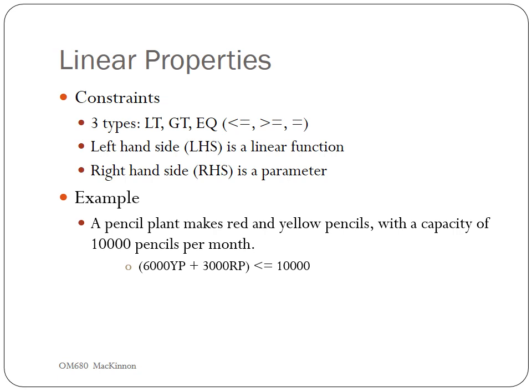So this is a feasible solution. We don't know anything else about this particular example, so we don't know if this is an optimal solution, but it is feasible because it matches the constraint. The left-hand side is a function, it's linear, and the right-hand side is simply a parameter.